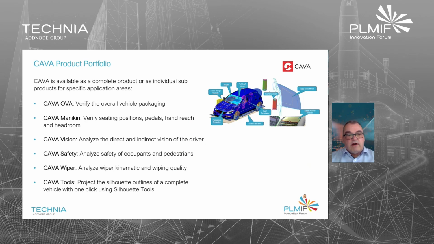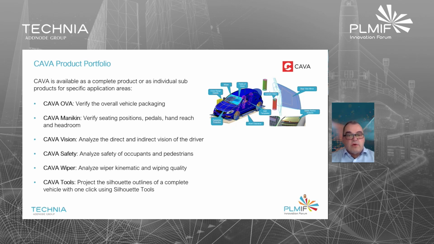So CAVA itself is available as the complete product, but it also is available as several individual products for different areas. So I'd like to mention the areas. We have the CAVA OVA product, which is for the overall vehicle packaging. This will handle questions like, where do different components of the vehicle have to be placed, like the lamp positions.